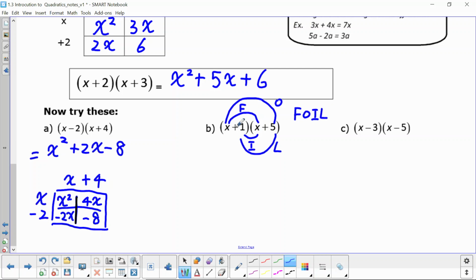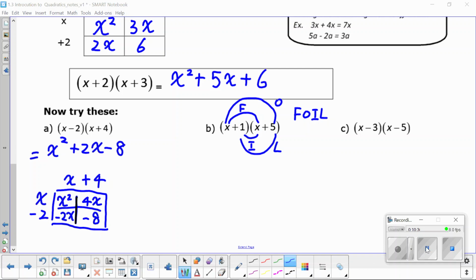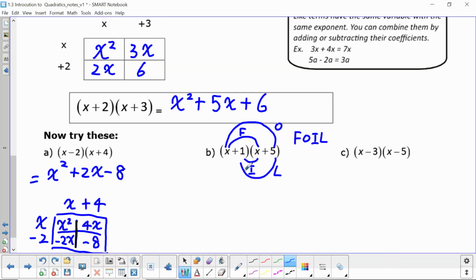So it's FOIL, four terms. First times first, outside times outside, inside times inside, last times last. Then we are going to have first times first is x squared. Outside times outside is x times 5, which gives you 5x.